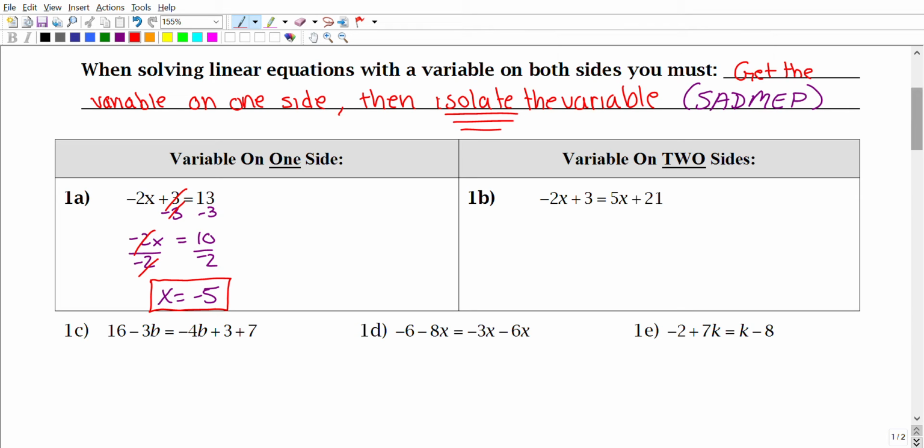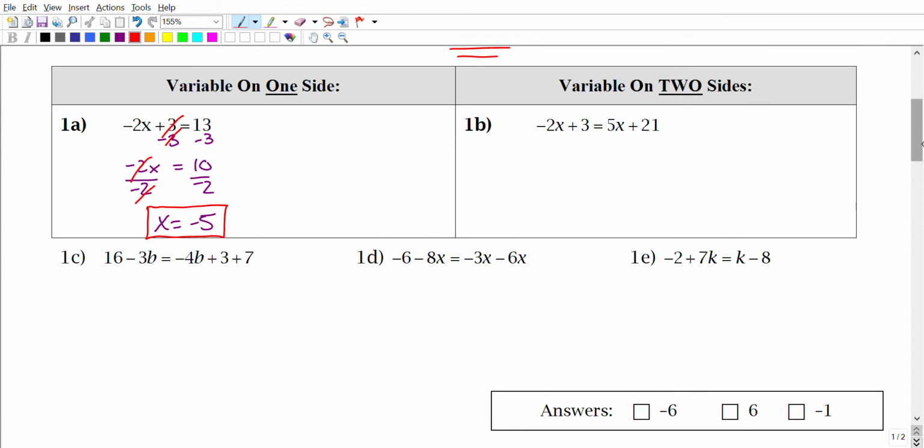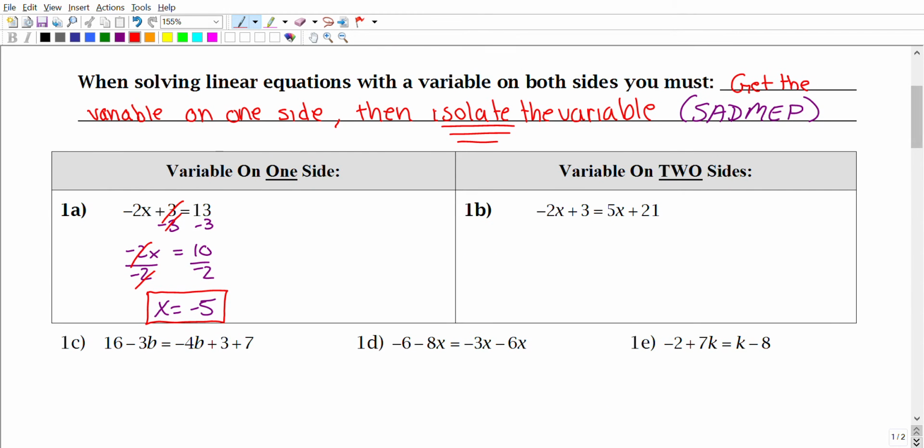Now we're going to look at one extra step, which means a problem that has variables on both sides. So let's try this one out. Right away we see that I have negative 2x on the left side, but also a positive 5x on the right side. As a general rule of thumb, we like to move the smaller term.